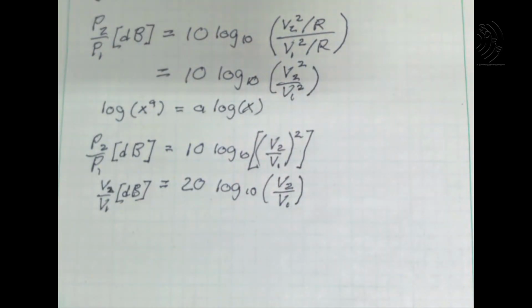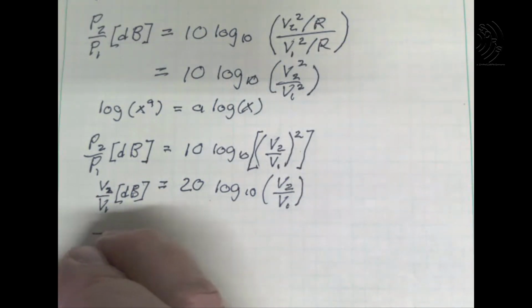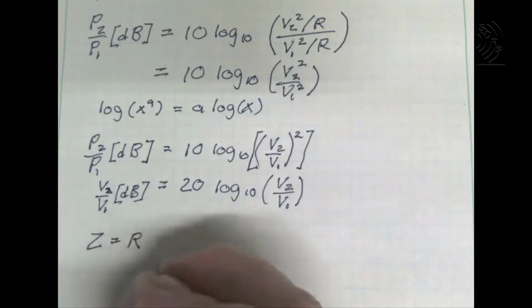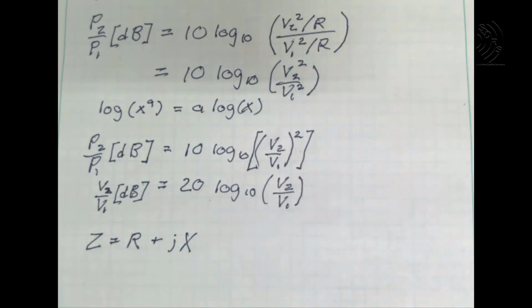One is that loads and device or component inputs and outputs in radio frequency systems are more often characterized in terms of impedance, which is represented by the letter Z, and that consists of a resistance and an imaginary component called a reactance that accounts for energy storage and phase shifts that are caused by that.